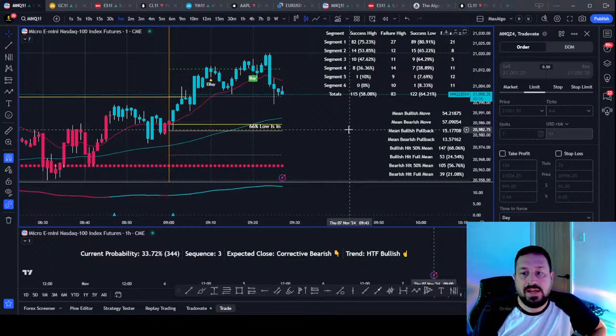So, for example, if we get a sequence 1, you do not get much distribution. It is less likely to get manipulation. It's more likely to just stay very bullish or give a very small pullback before going. And you tend to just get those sort of distribution levels.